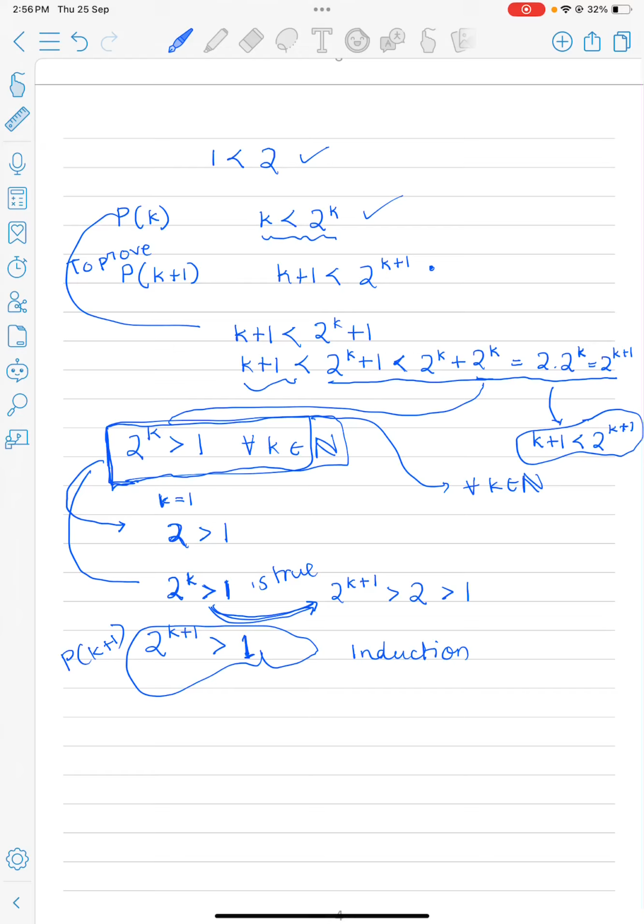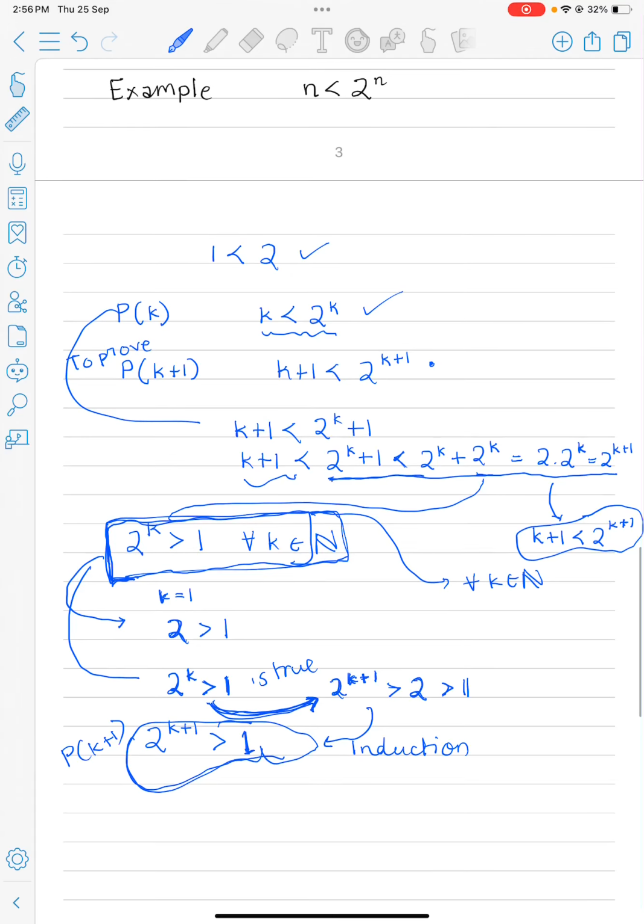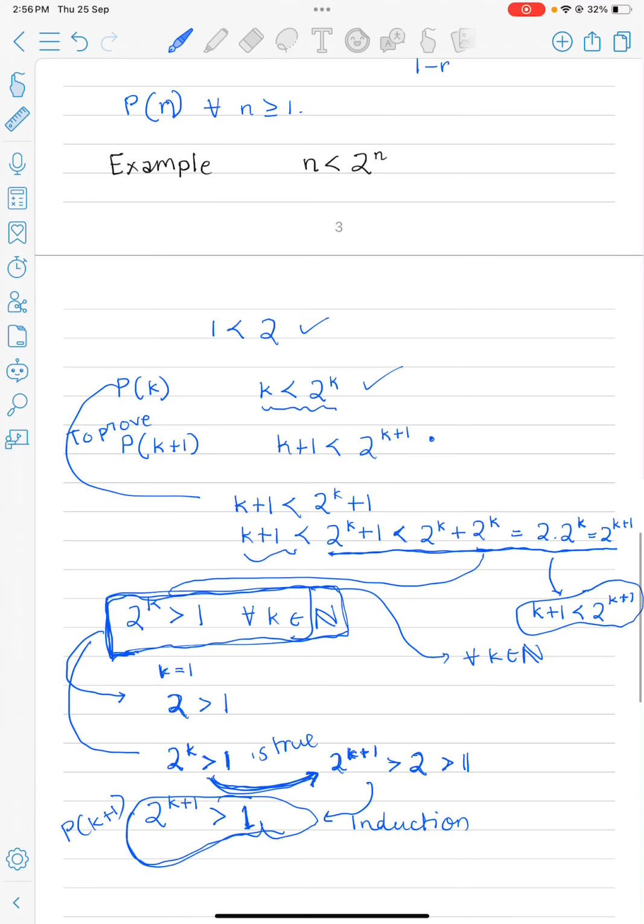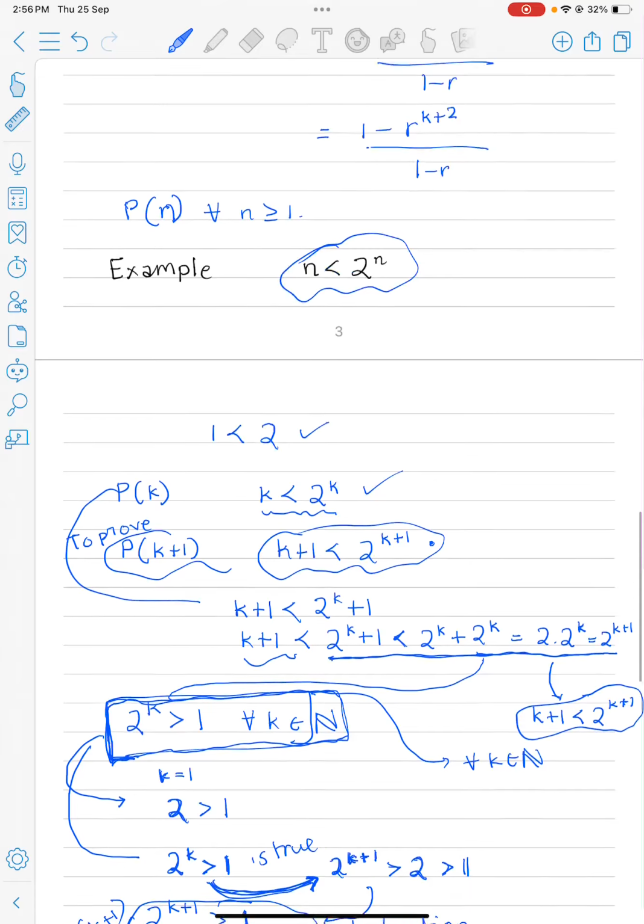So what I did is I multiplied by 2 both sides. So 2k plus 1 is greater than 2, and which is greater than 1. So this is what I needed to prove to show that this one is true. Once this one is true, then I used it here to prove that this Pk plus 1 is true. Okay, so we are done. Okay, thank you.